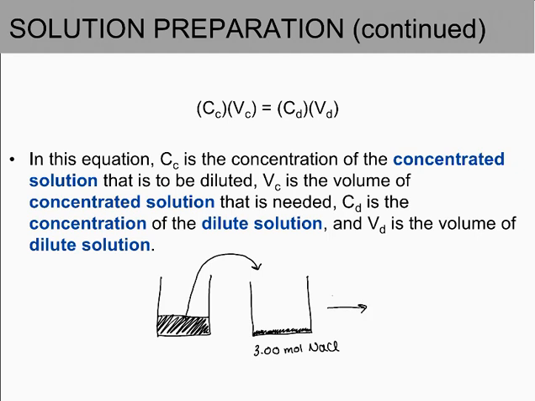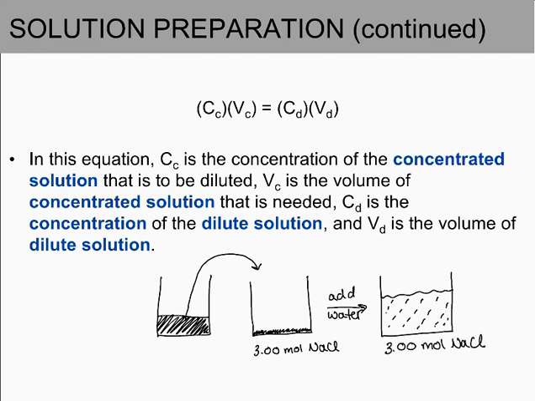Then what we're going to do is add water to dilute it. All right, now in this dilute solution, there are still 3 moles of sodium chloride, but they're more spread out, and they're spread out over a larger volume.